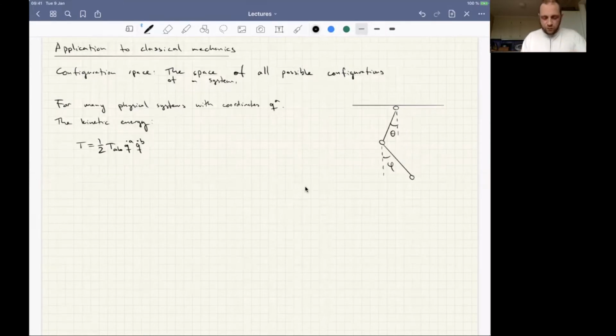That's where these coordinate derivatives come from. Now, this T_AB has all of the properties that the metric has, and it's called the kinematic metric.